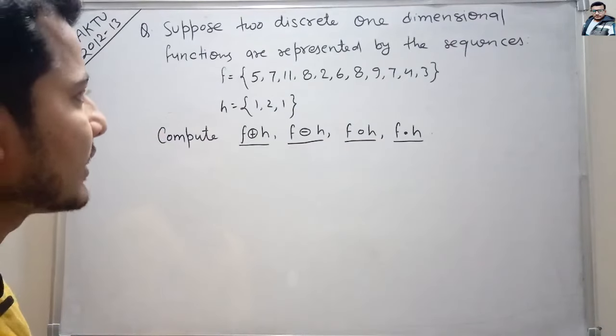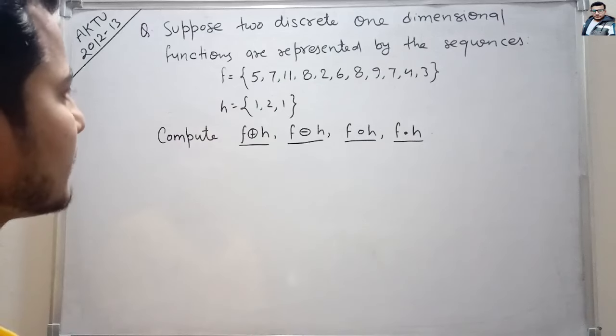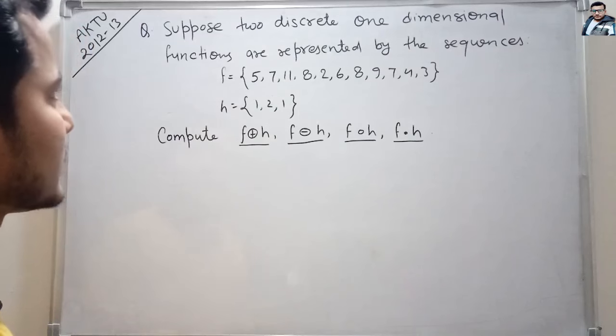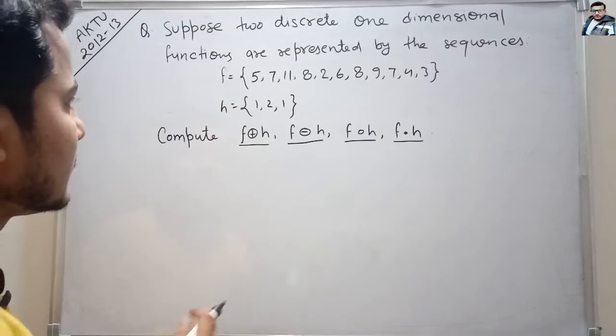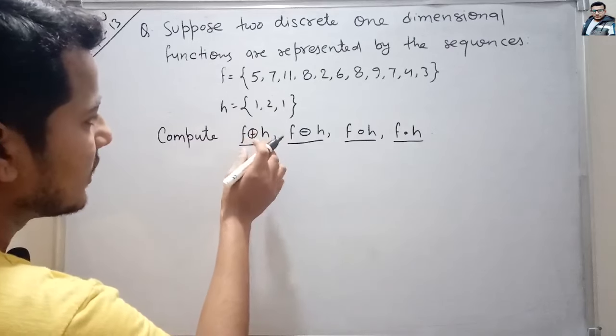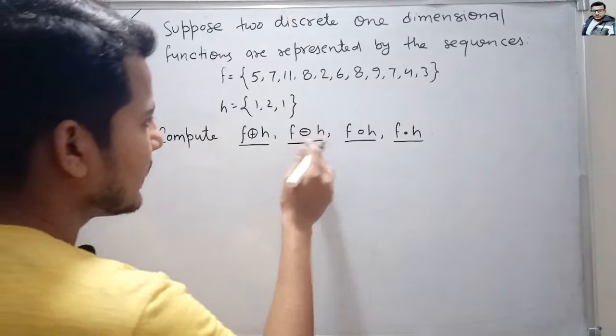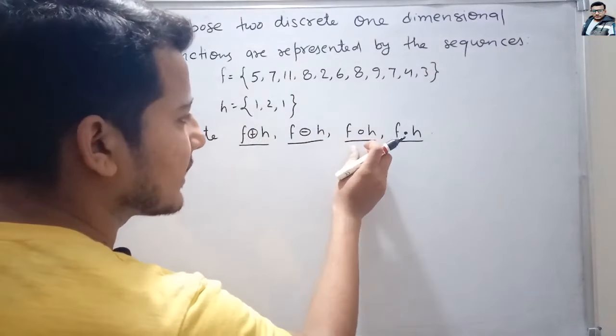I will give you a very simple method of finding these. Let's start with dilation and then erosion, because we need these two to find the opening and closing.